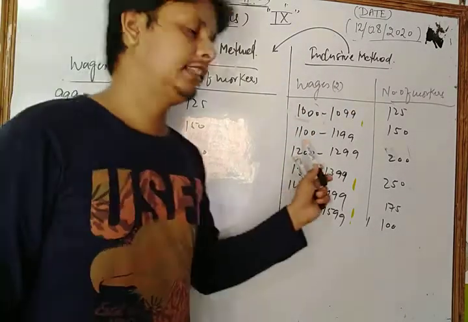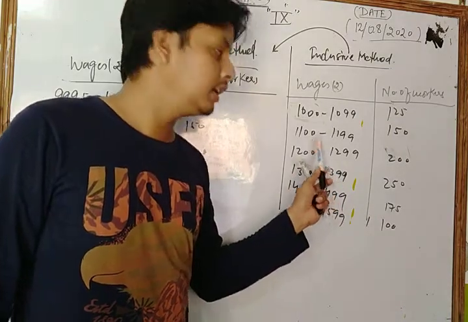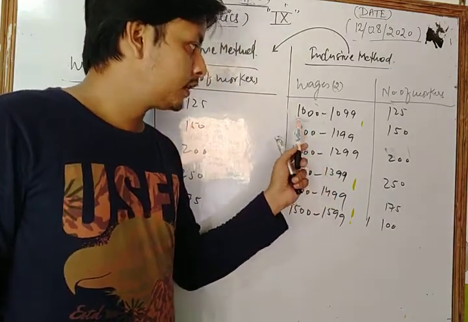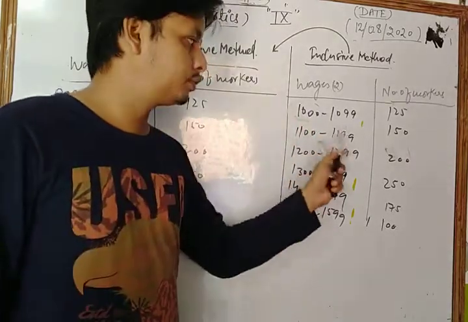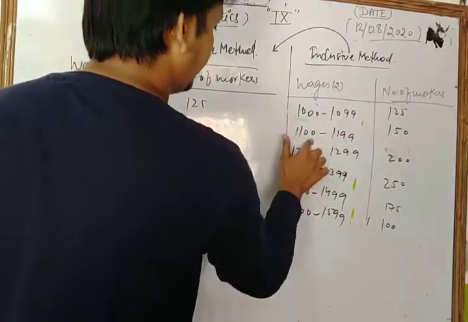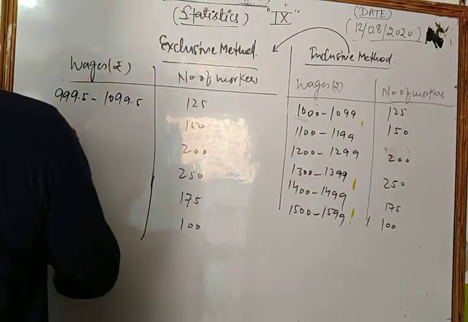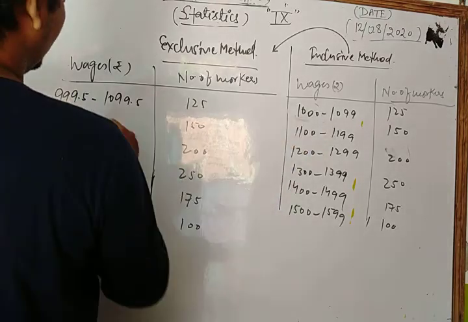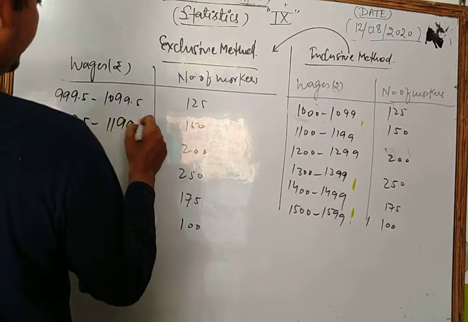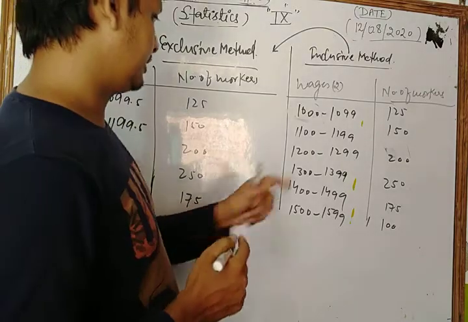Same as in that class interval, we subtract 0.5 from the lower limit and add 0.5 to the upper limit. So if we subtract 0.5, we have 1099.5 and here 1199.5.